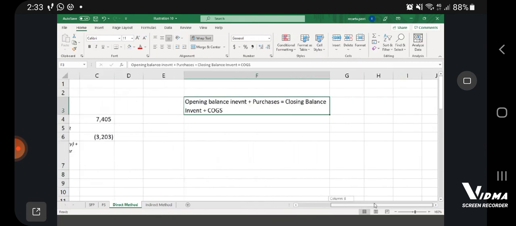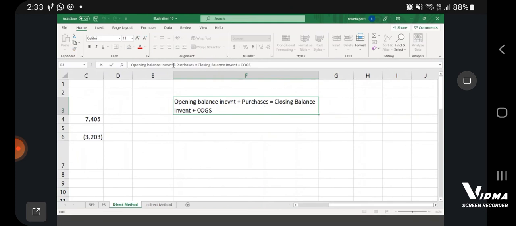Why? Keep in mind the inventory equation. You have learned this equation in the opening pre-accounting course. The inventory equation is something like a theorem in mathematics. It should always be true. That is, the opening balance in inventory plus purchases should always be equal to the closing balance of inventory plus cost of goods sold.